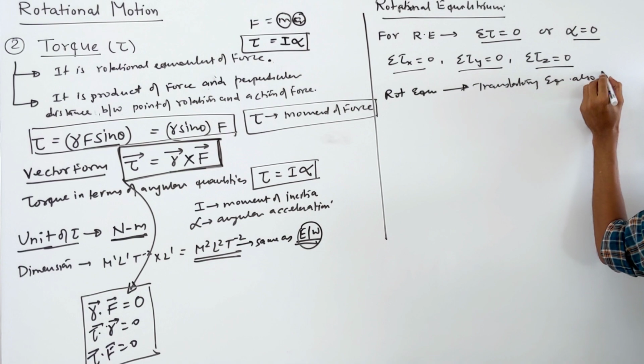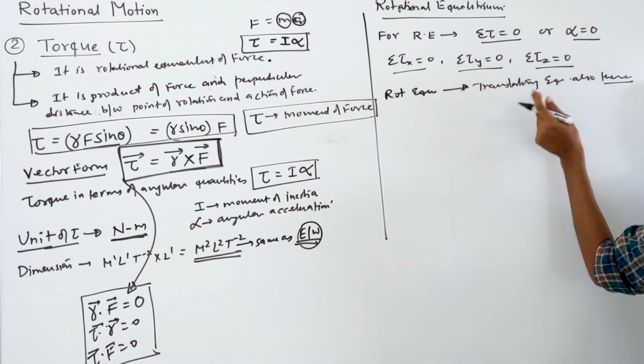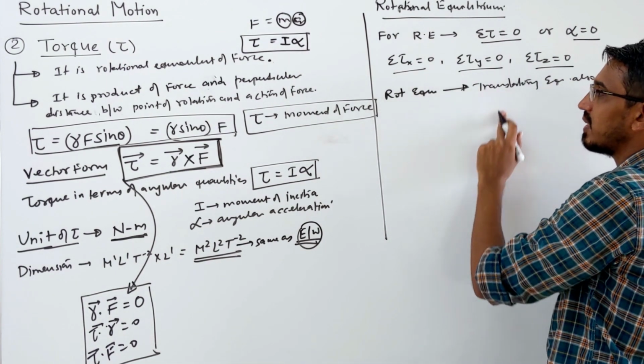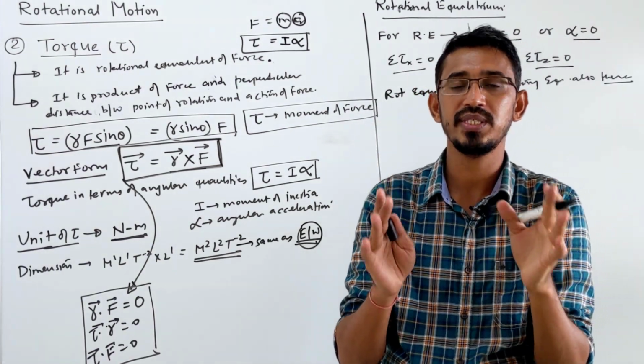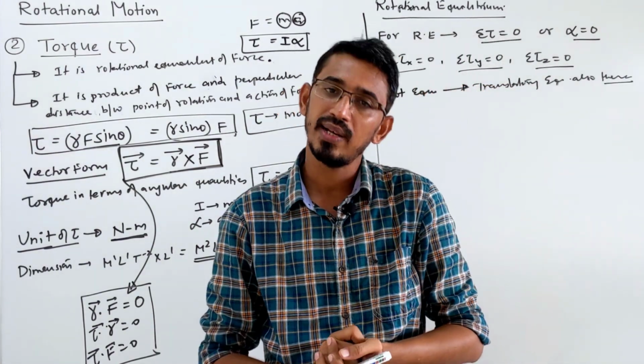But whenever translatory equilibrium is there, it is not necessary that rotational equilibrium will also be there. But whenever rotational equilibrium is there, translatory equilibrium is also there.